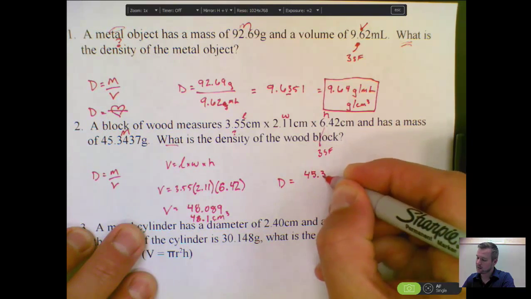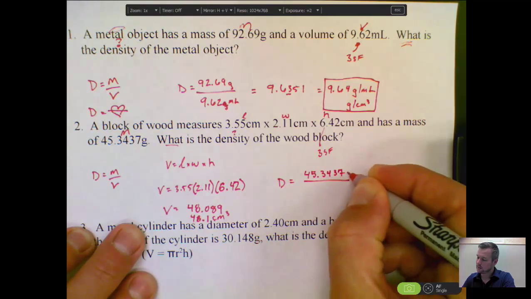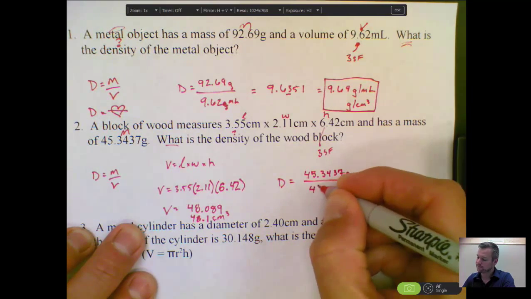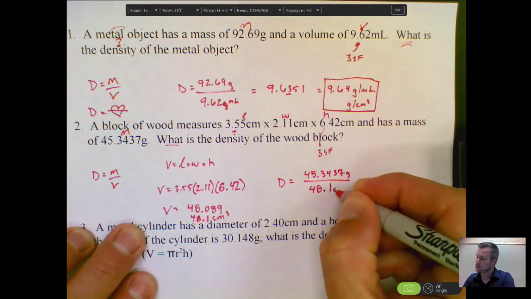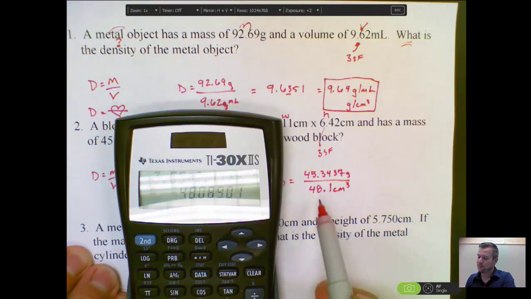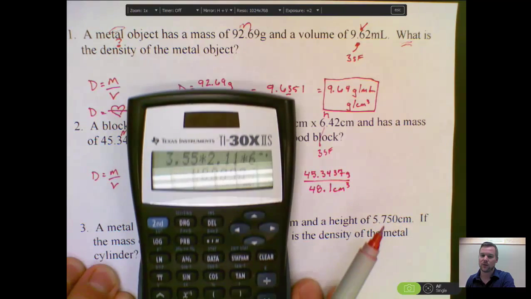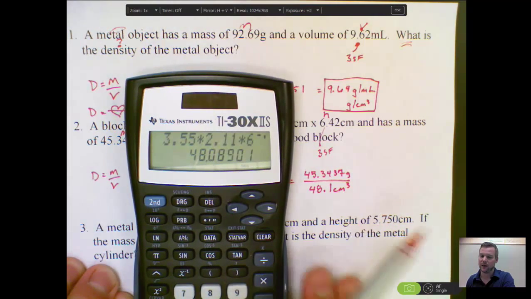So take the mass that we already identified, divided by the volume. Now I'm not going to actually plug in the 48.1 in the math. I'm going to use the unrounded number because we don't want to use a rounded number in the middle of a calculation that promotes rounding error.